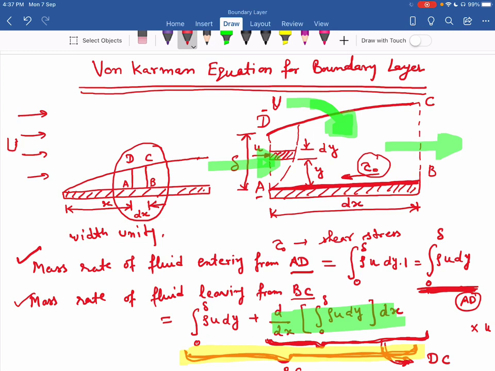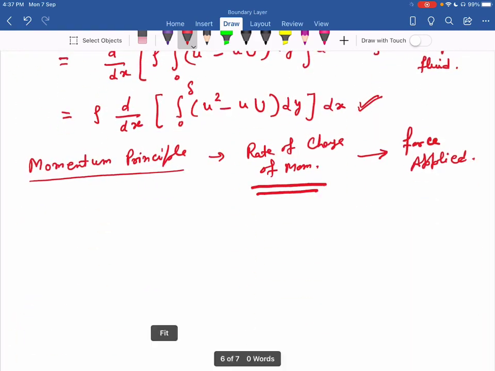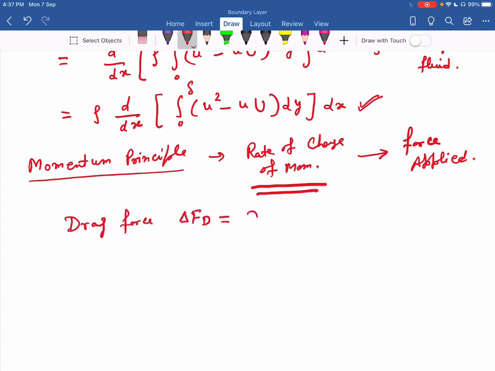With respect to this tau O, this is the shear stress multiplied by the surface area. So I can write the drag force as delta FD, that is tau into the area, dx into 1. With respect to the momentum principle, the direction of this drag force is opposite to the flow.